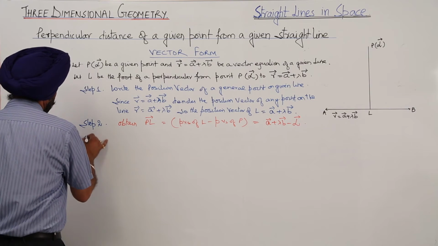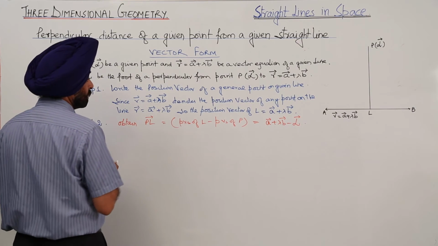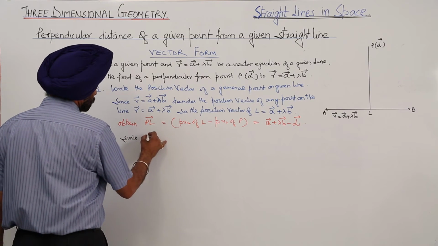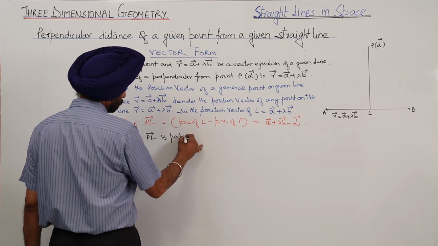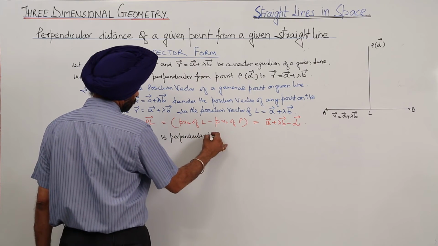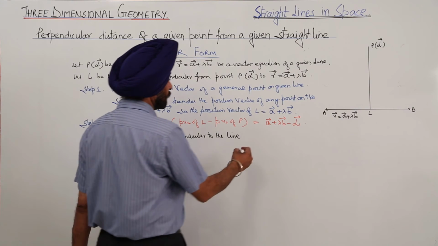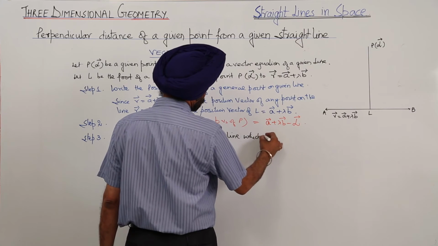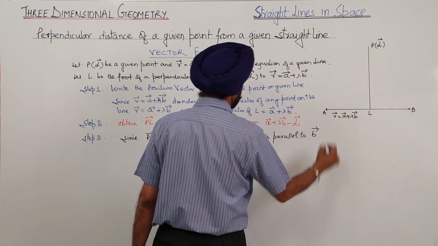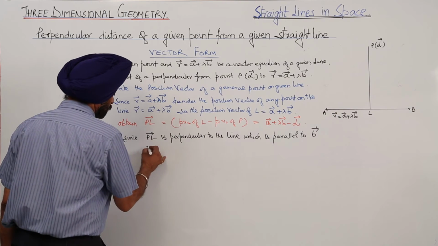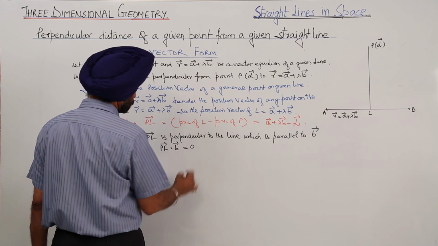Step 3. Since vector PL is perpendicular to the line, which is parallel to vector B, therefore we can write vector PL dot vector B is equal to 0.